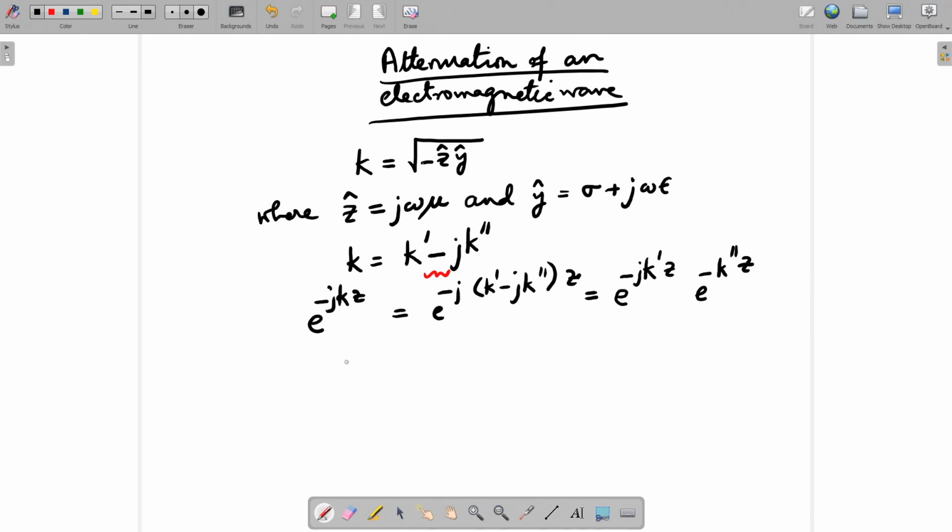So, a good conductor is characterized by the fact that sigma is very much greater than omega epsilon.